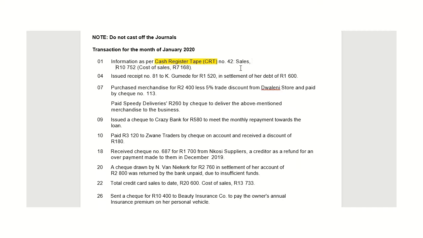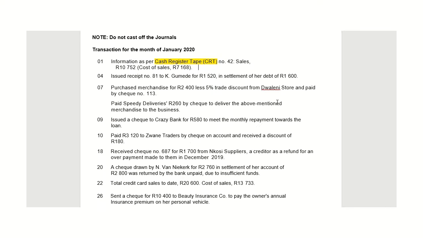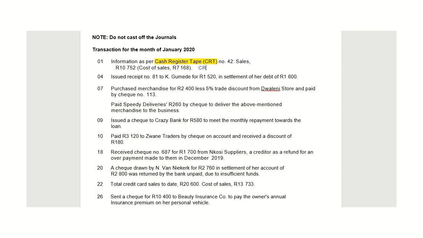So when we answer a question, we can put the journal next to it so that we can actually see what the journal is when we do it. So let's just mark it CRJ.